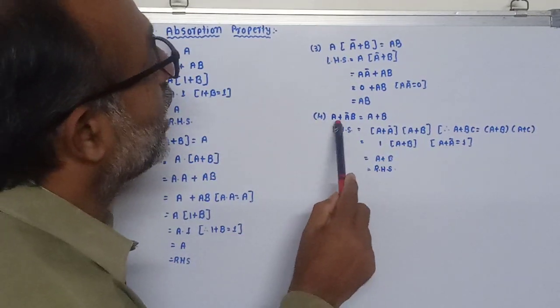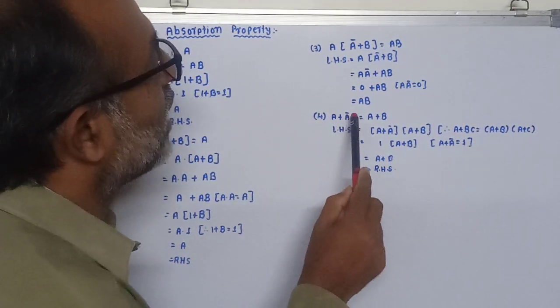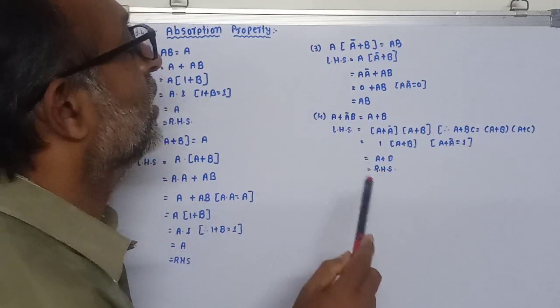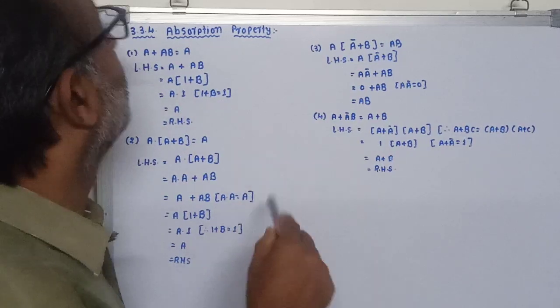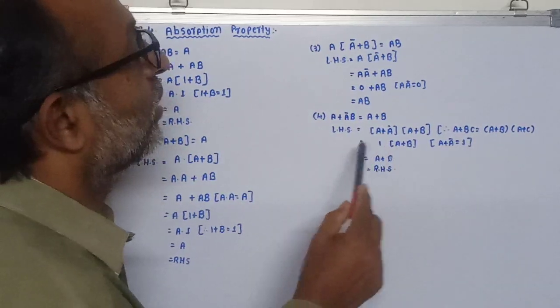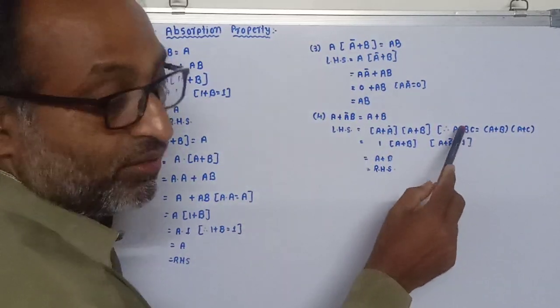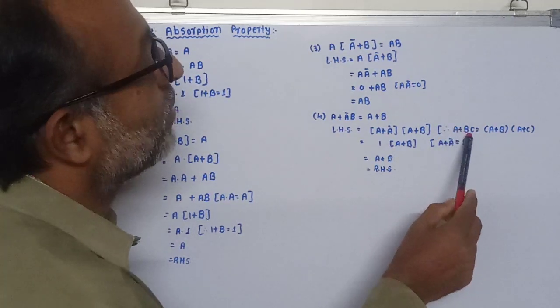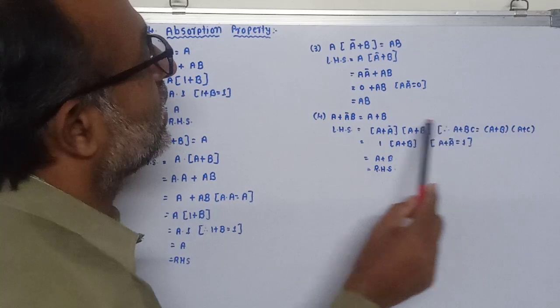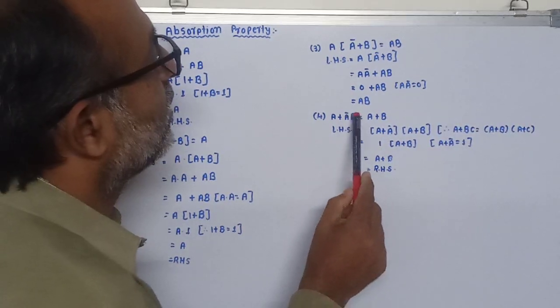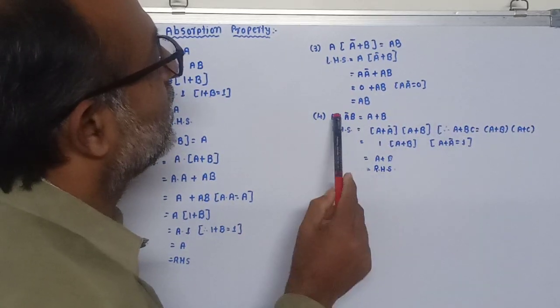Now next law, a plus a bar b is equal to a plus b. So already we have seen the distributive law, which indicates a plus bc is equal to (a plus b) and (a plus c). So here this b taken as b and c as a bar.